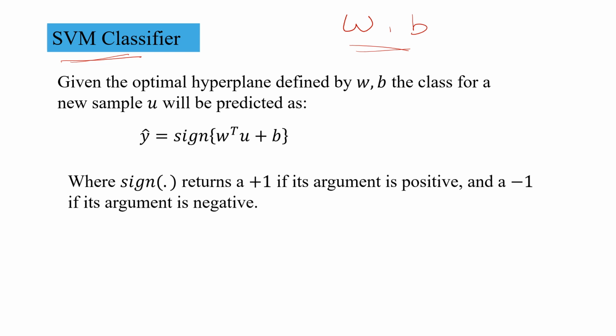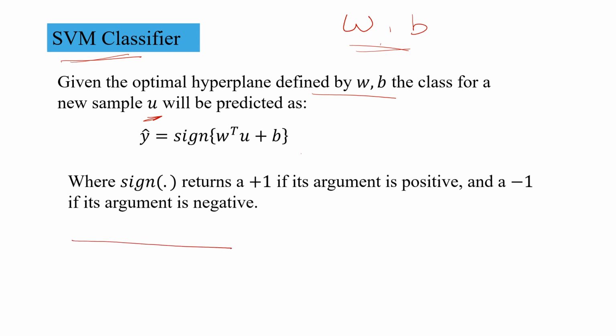Given the optimal hyperplane defined by this w, b, for a new sample u, you can predict its class y hat as the sign of w transpose u plus b, where this function returns plus 1 if the argument is positive and minus 1 if the argument is negative.